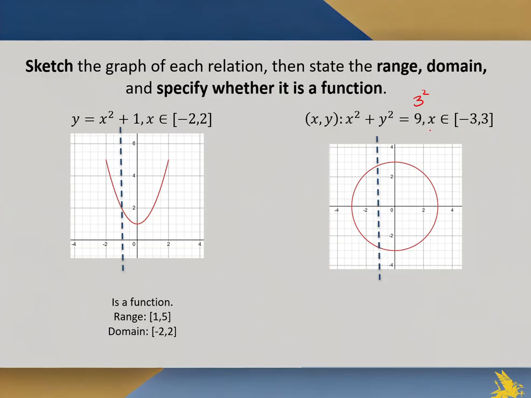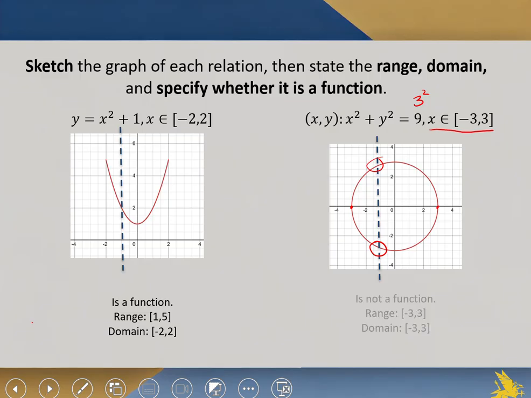We are told our x elements are -3 to 3, so that's why we've gone 3 to -3. If we do a vertical line test on the circle, there are 2 points it's intercepting, which means it's not a function. With a circle at the origin, our range and our domain will be identical, so for both of them it's just going to be -3 to 3.